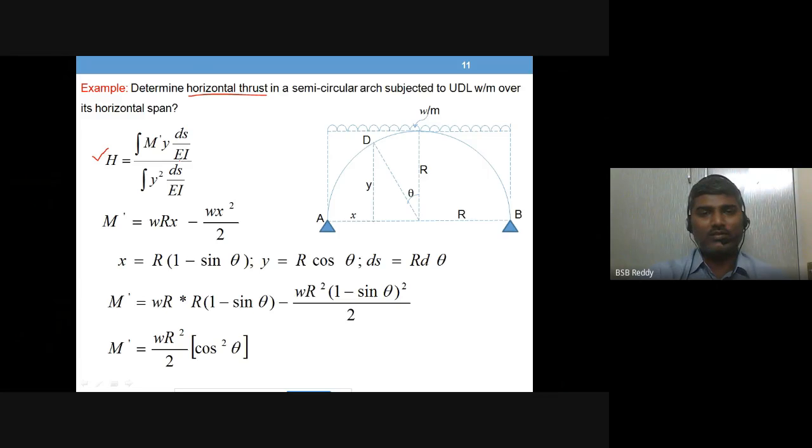This is the second example of using this formula for H to solve two hinged arches.